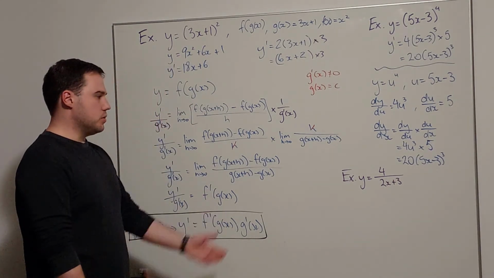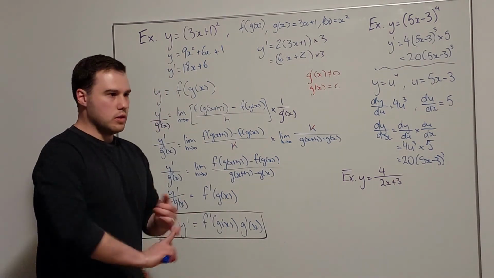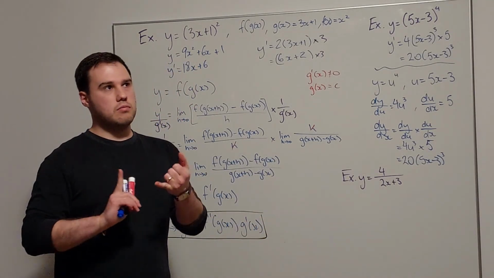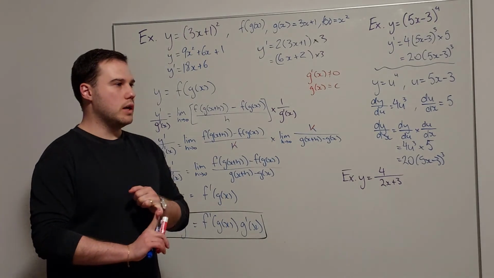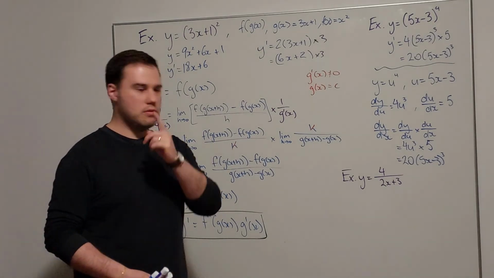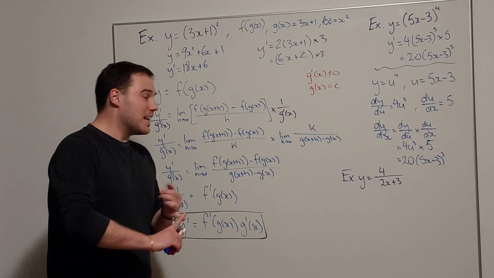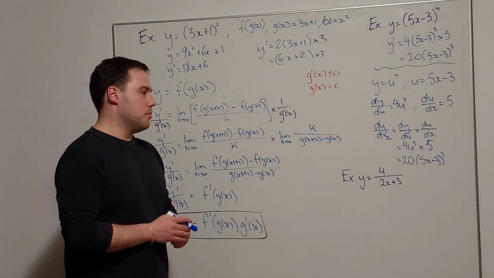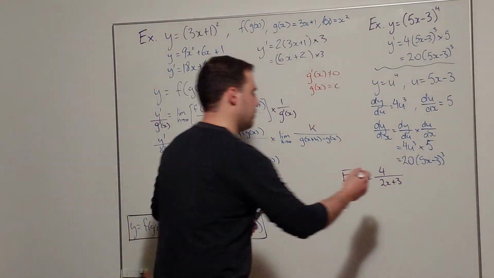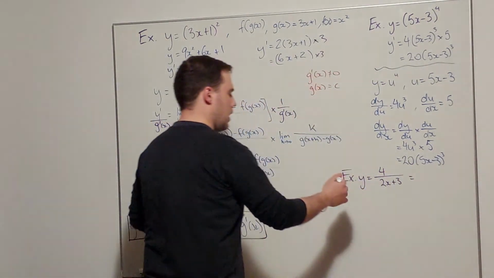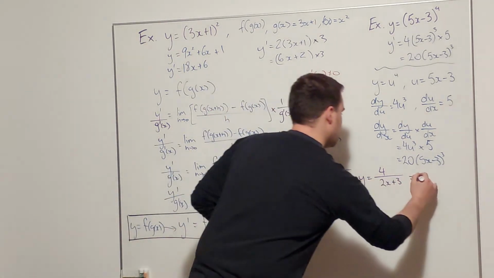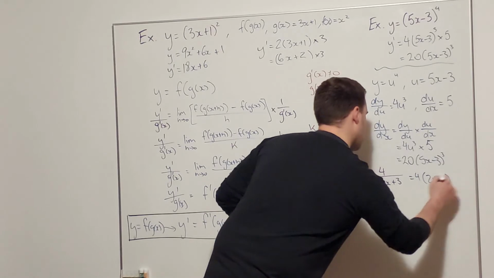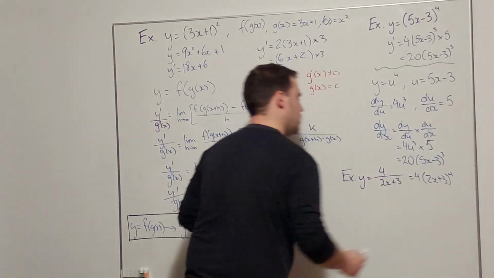But just like we normally do with a fraction, or with a surd, where we'd manipulate it first to a negative or fractional power respectively, we'll still do the same approach here, right? So we're going to have 4 outside of 2x plus 3, all to the power of negative 1.